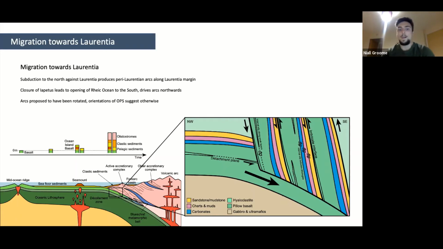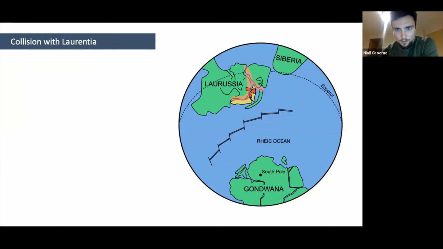Whereas if they had been rotated in any way, then they would face the opposite way. And maybe not the opposite way of Avalonia, but certainly the opposite way of Gondwana, which we don't see. So a traditional linear path is more suitable in this case.